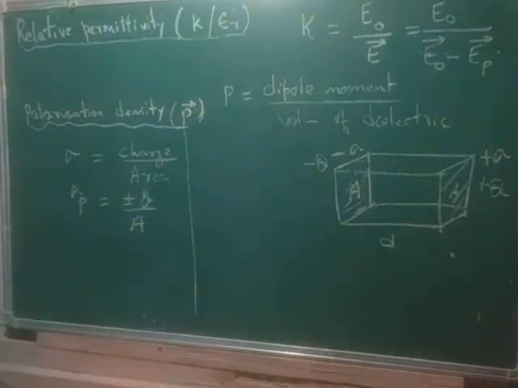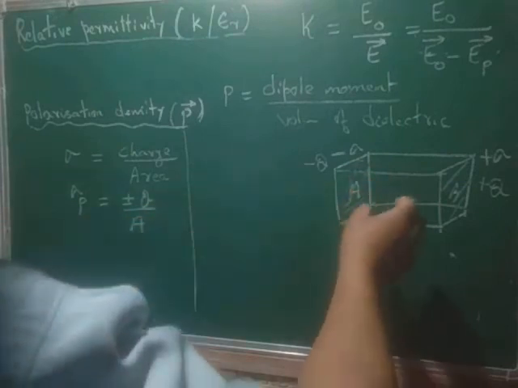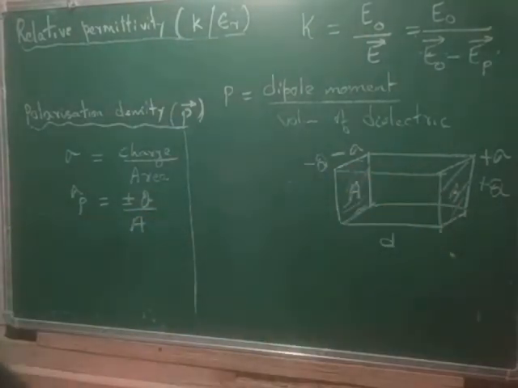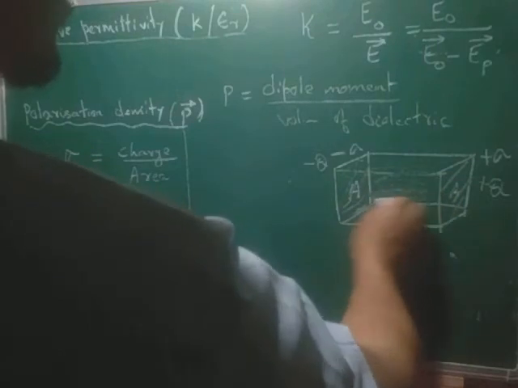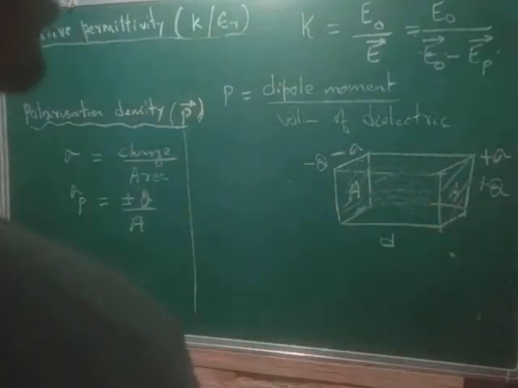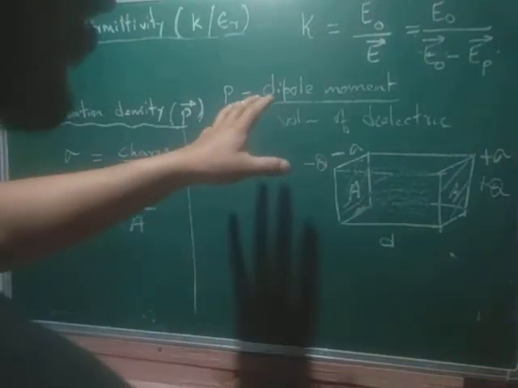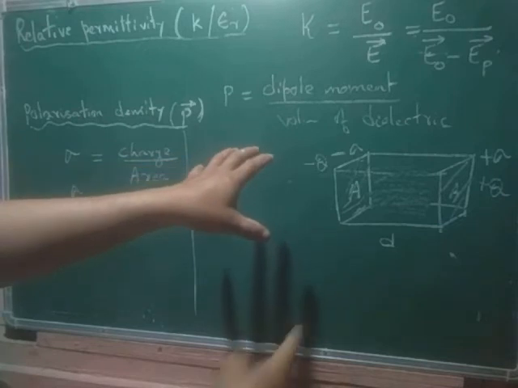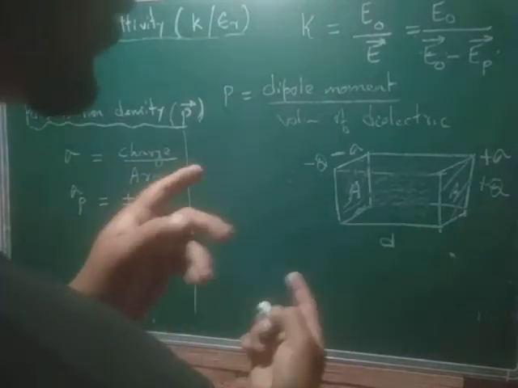In this case, we imagine the dielectric as a large dipole. From the definition, the dipole moment is the product of charge times the distance between the two charges.